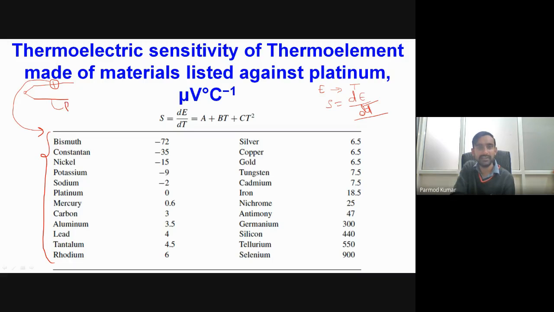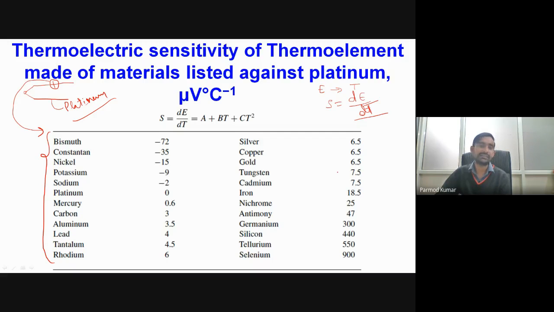So the second wire material is taken as platinum. The unit of sensitivity is given in microvolts per degree Celsius. If you use bismuth, constantan, and nickel, depending upon the type of material, you have different values of sensitivity.